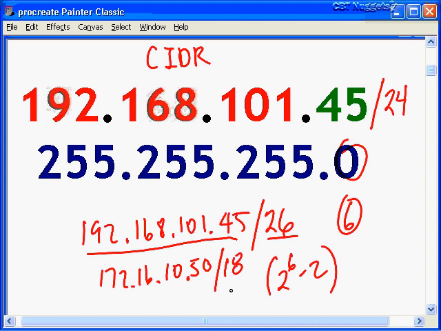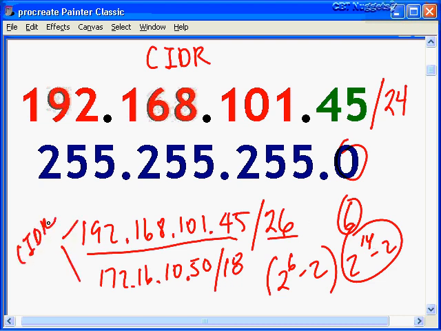That gives me 14 bits for the host. So I've got 2 to the 14th power minus 2 hosts. Now again, all of your subnet calculators are going to operate with CIDR, so you can map out your network using CIDR, classless interdomain routing, classless IP addressing, and you can just use your calculator. You can assign your addresses accordingly.